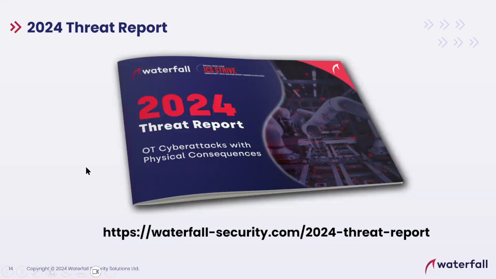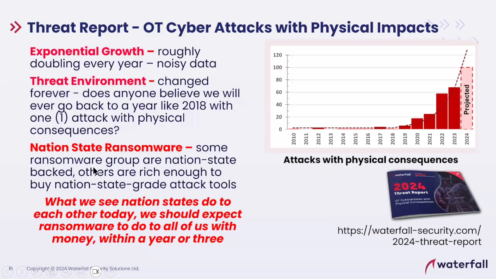The threat report looks at physical consequences. We look at deliberate cyber attacks, not errors and omissions, not equipment failures. We look at deliberate cyber attacks that caused physical consequences. Plants shut down, equipment was damaged.